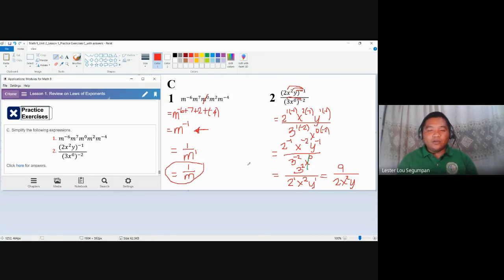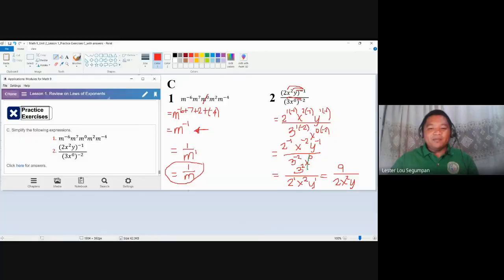And of course, no need for it to be mixed. Stay as it is, as long as it is simplified. The 9 cannot be divided by 2, nor does it contain factors that will be cancelled out by the denominator 2. So these are the two numbers that will complete the review on laws of exponents.